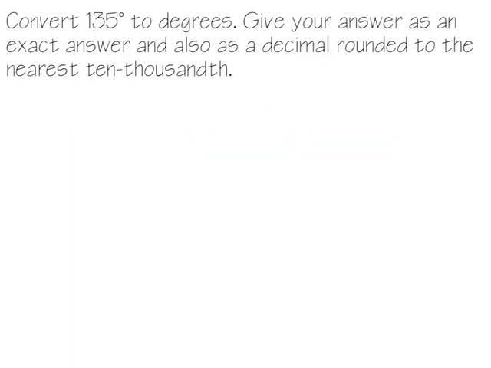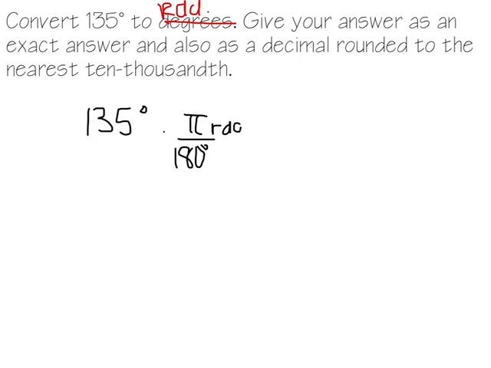If I have 135 degrees and I want to convert this from degrees to radians, I'm going to multiply it by pi radians over 180 degrees. So all I'm doing is multiplying by 1 because pi radians equals 180 degrees.